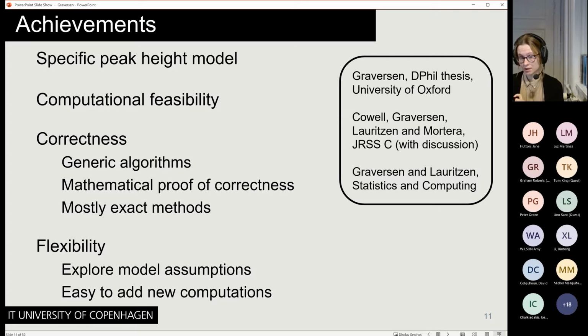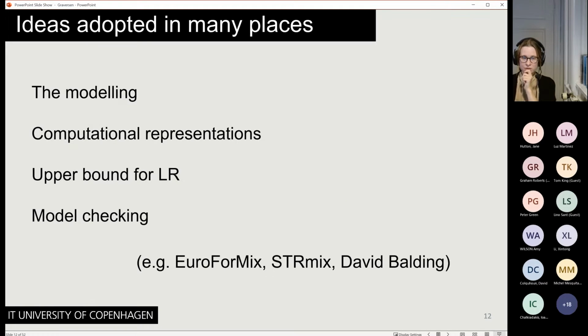So both that I can make new computations along the way. So whenever I develop a new statistical method, I also have the framework to do the computations I need to actually make this model checking plot.